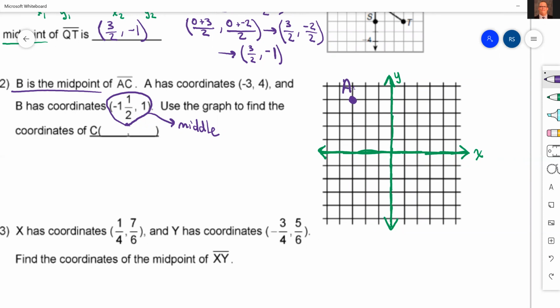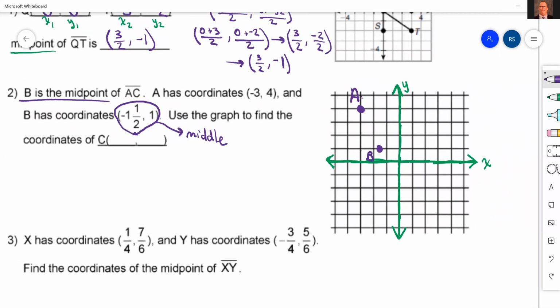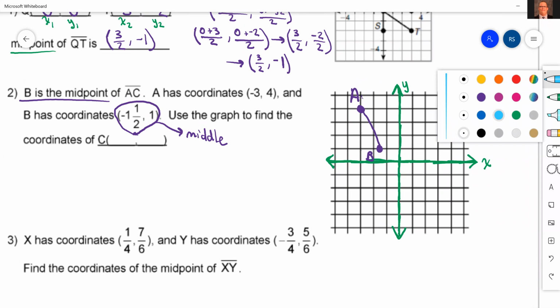Now, it says B is in the middle, smack dab in the middle. So -1.5, up 1. So this is where B is. Notice B's in the middle, so I go from A down to B. Now, how did I move?